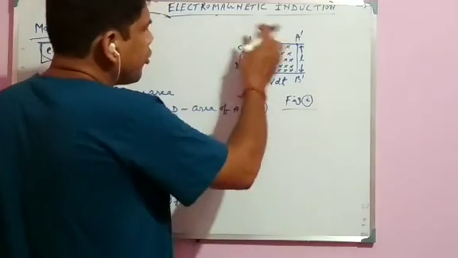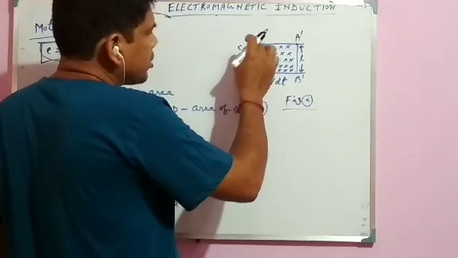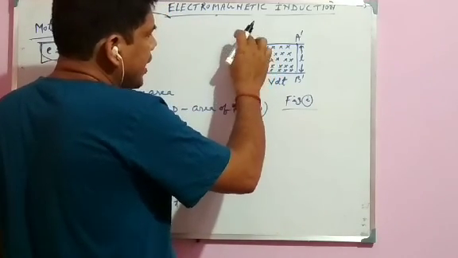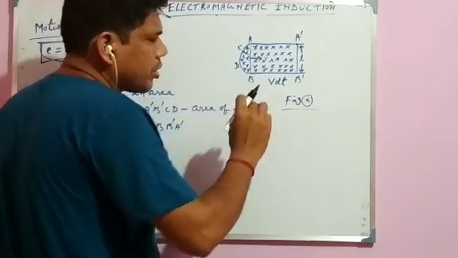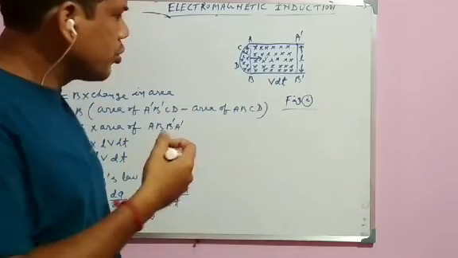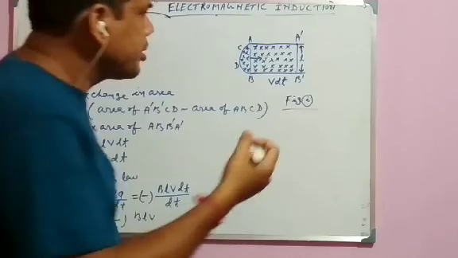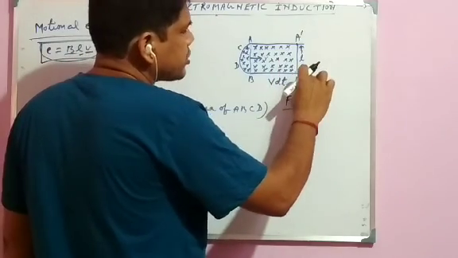The area formed by this AB conductor of length L is ABCD, this much area. After dt time, it reaches, suppose, the A dash B dash position.